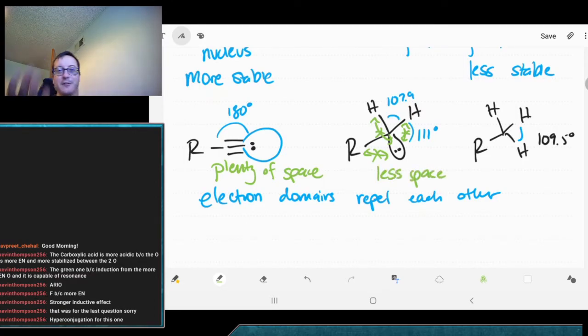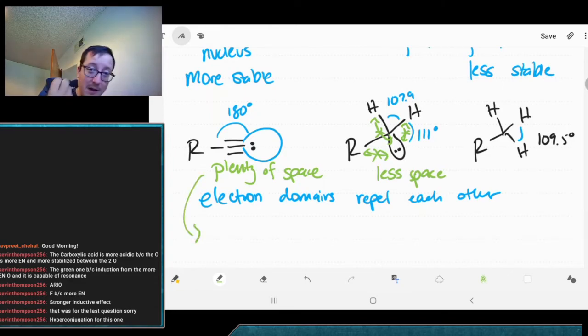Again, I'm kind of framing it in this idea that they want to spread out and have lots of space. It's, again, really a repelling thing. So what I mean by plenty of space is that there's less repulsion. So kind of just framing it in a way that's maybe a little bit more intuitive. Electrons want more space, right? And so if they can have more space, they're going to be more stabilized.